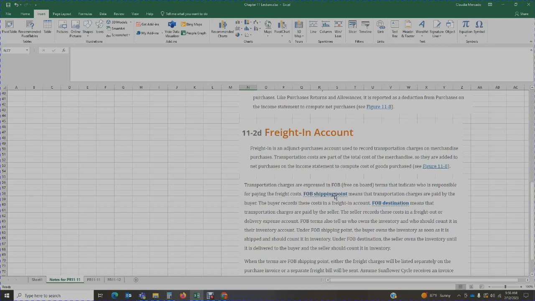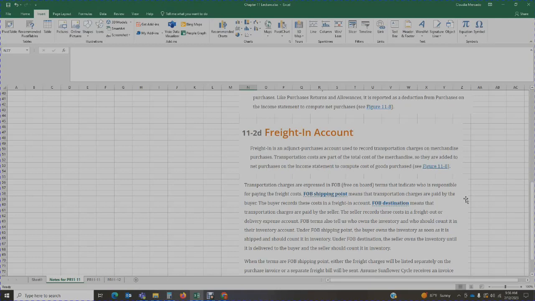This can be kind of complex or challenging to understand at first, so it's important to keep this information handy. FOB shipping point means that the transportation charges are paid by the buyer. So FOB shipping point, make a note of that. FOB shipping point, the transportation charges are paid by buyer.